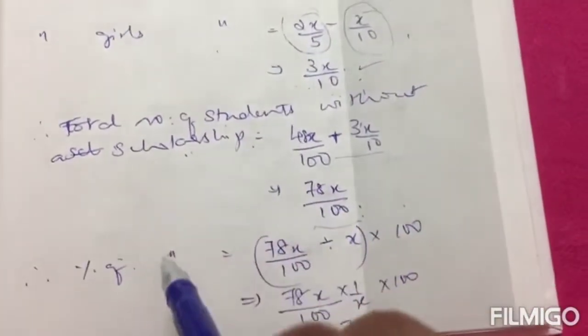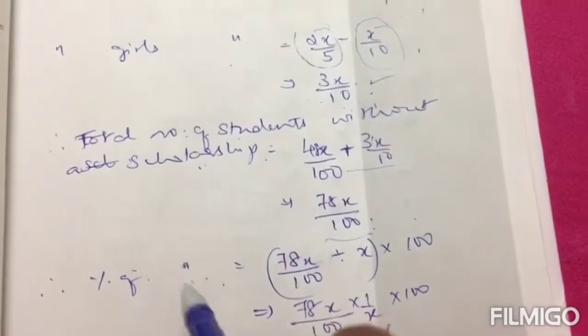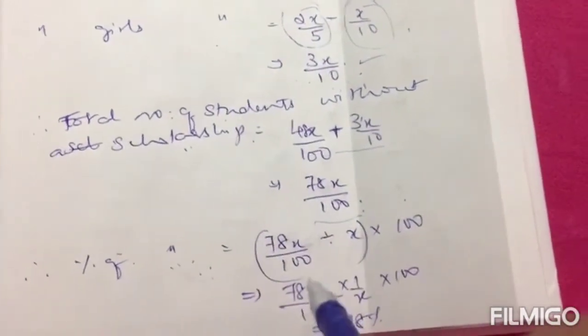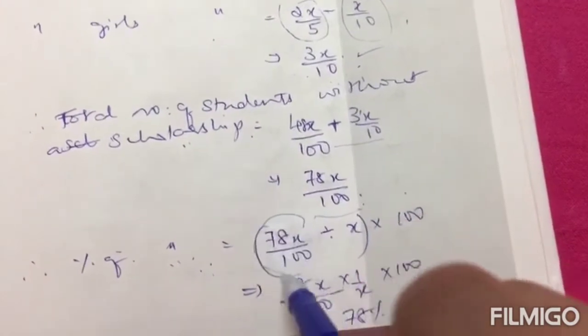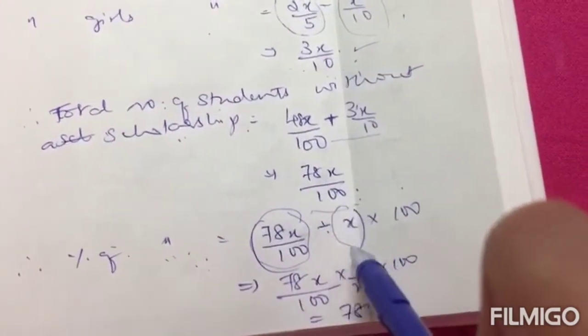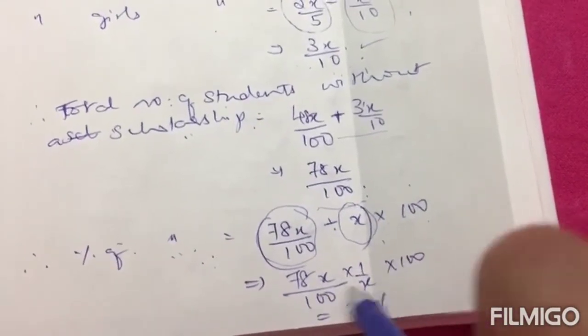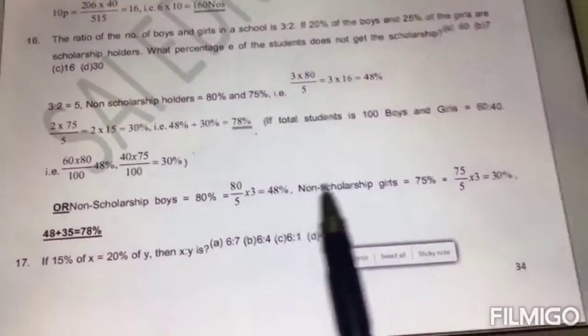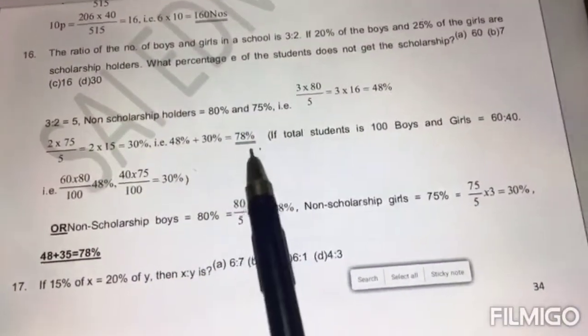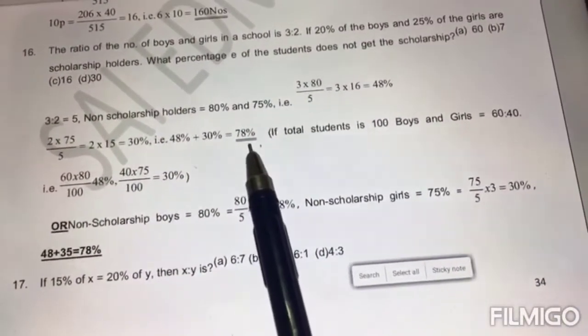Therefore, percentage of the number of students who do not have a scholarship is total number of students without scholarship divided by total number of students into 100. Once you simplify, you get the percentage as 78%, which is the correct answer.